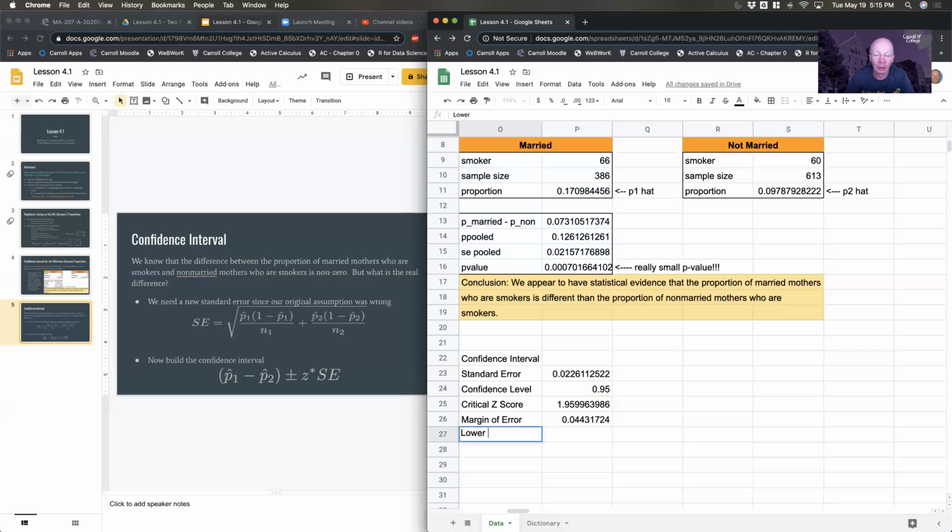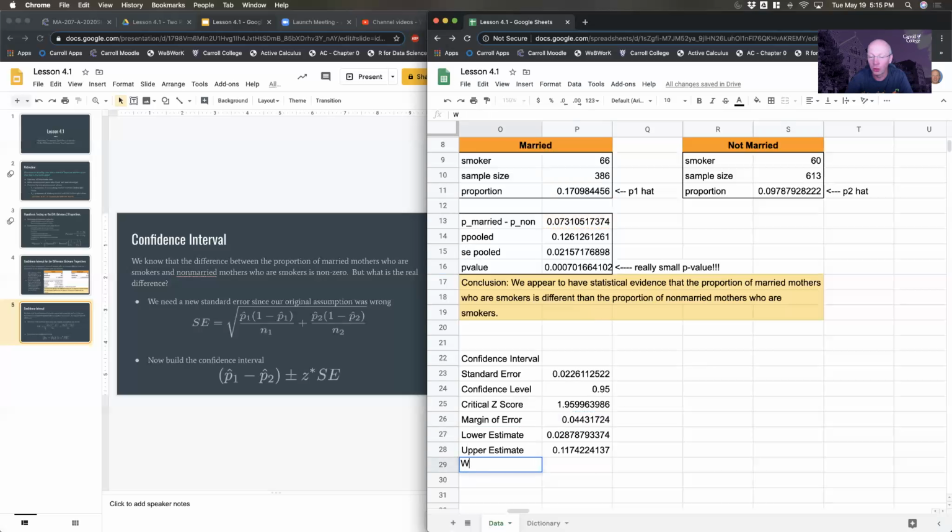So now I get a lower estimate and an upper estimate. My lower estimate is my difference in proportions, that's the difference between P1 hat and P2 hat, minus my margin of error. My upper estimate is my difference in proportions plus my margin of error.